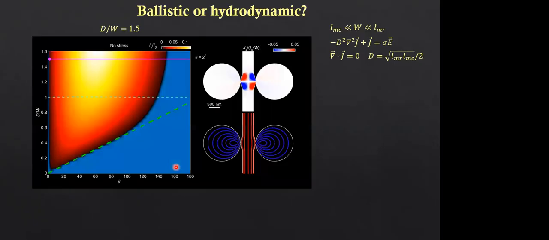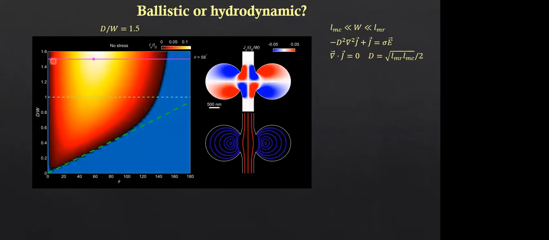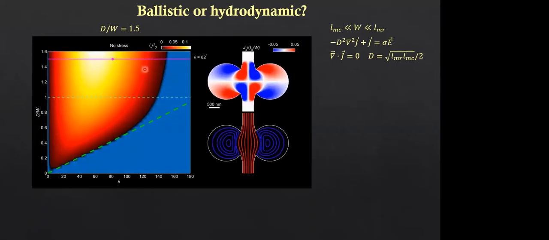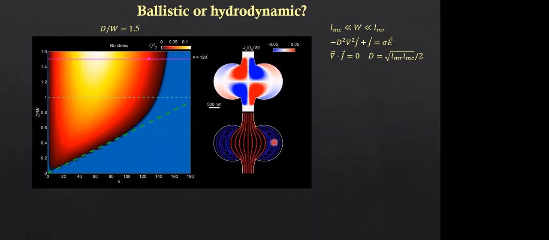So for that, we do some simulation and we fix our d over w to 1.5. The simulation looks like this. What happens is we change theta, the angle, and it slowly goes through the vortical to laminar transition.